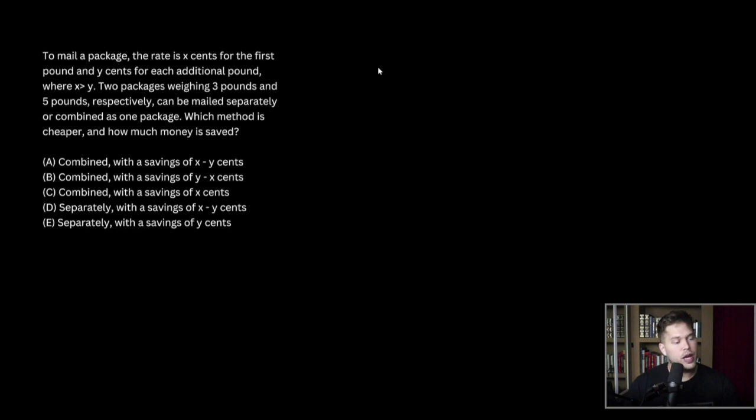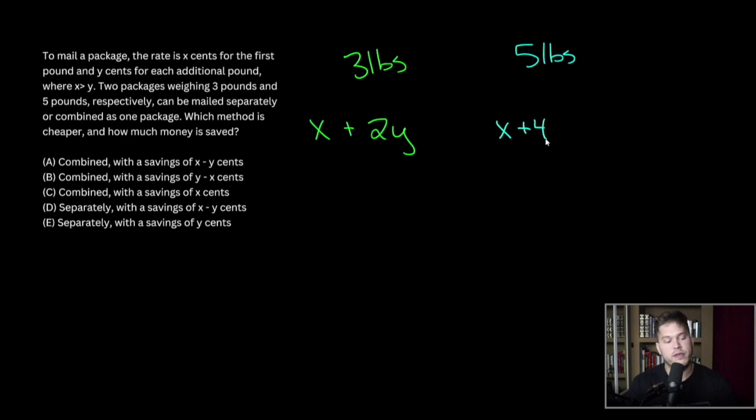Okay, so if you have a 3-pound package and you were to mail it, the first pound would be X cents, and then the next 2 pounds would be Y cents. If you had a 5-pound package, the first pound would cost X cents, and the remaining 4 would cost Y cents.